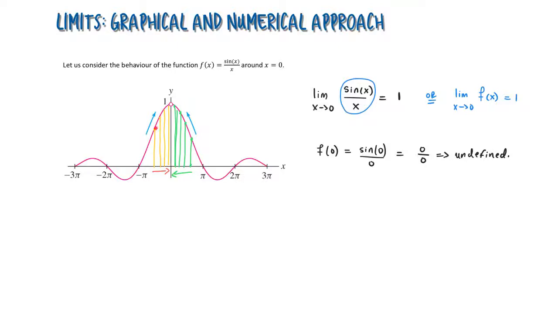And we want to see that the y values are converging to something, just like these arrows are indicating. We want to see that the y values are converging to a fixed real number. And in this case, the y values are converging. Converging means approaching. They are approaching 1. The function is undefined at 0, but the limit is not. The limit exists. The limit is equal to 1.